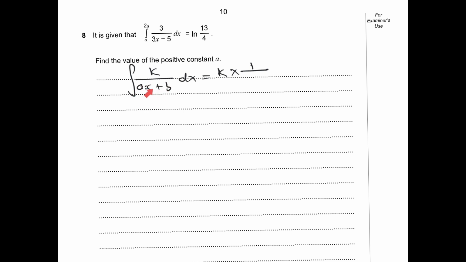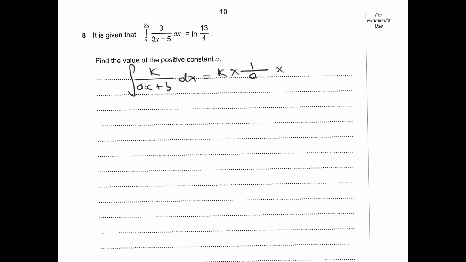If we differentiate that, we get a. So we are going to get 1 over a multiplied by the integral of 1 over ax plus b, excluding the k, because the k is already there. What is the integral of that?